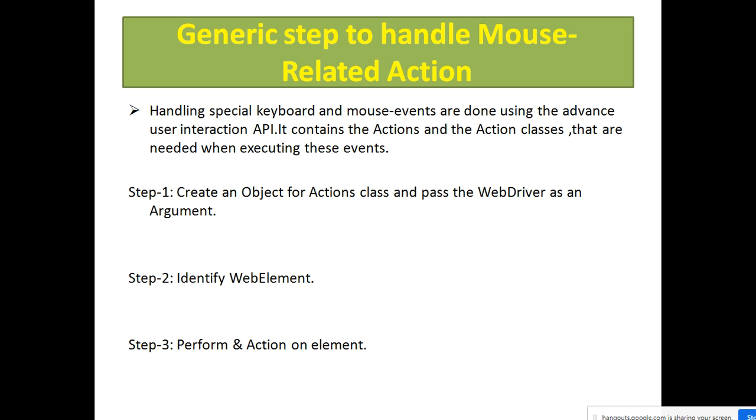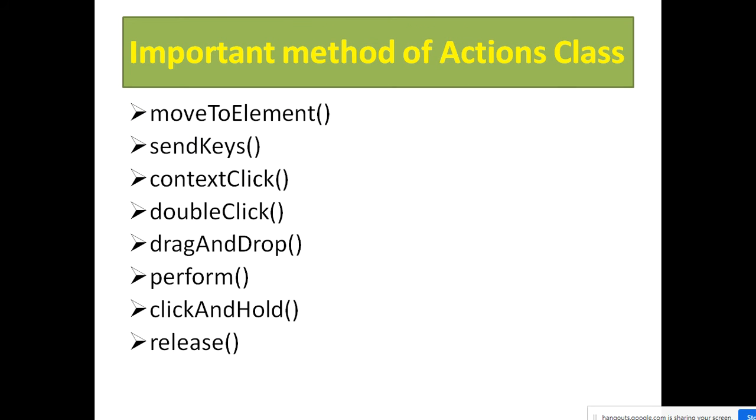Inside this we have multiple methods: moveToElement, sendKeys, contextClick, doubleClick, dragAndDrop, perform, clickAndHold, and release. Many methods are there, and as per project requirements we can use them. I'm not going to explain all 100 methods, but I will cover what is frequently used in real time and in interviews.